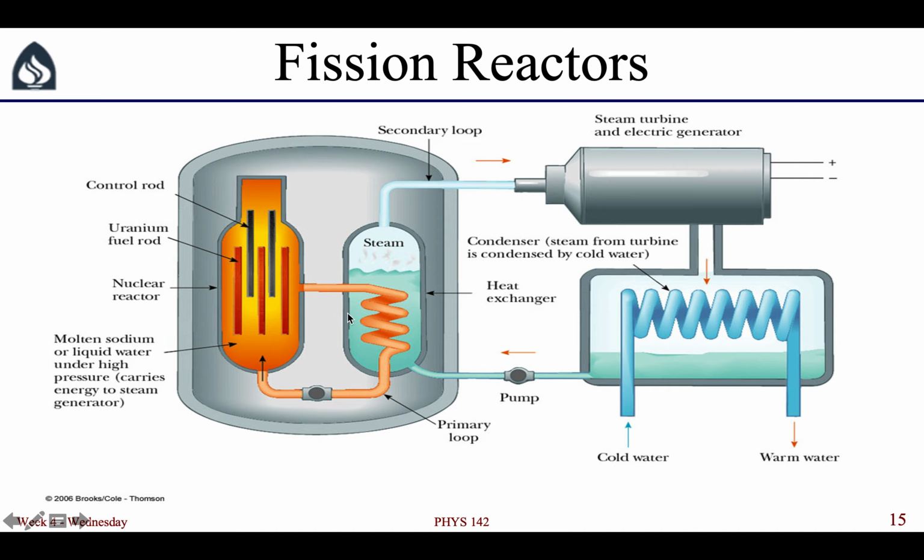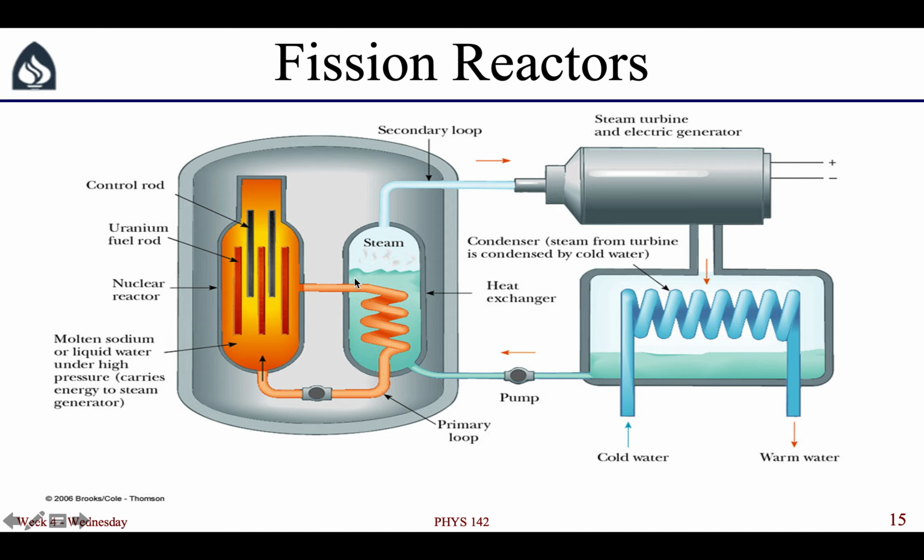So this is known as the heat exchanger, and you can see that everything that is touching the fuel rods is not allowed to touch the water. So this flows through pipes so that they always remain separate.